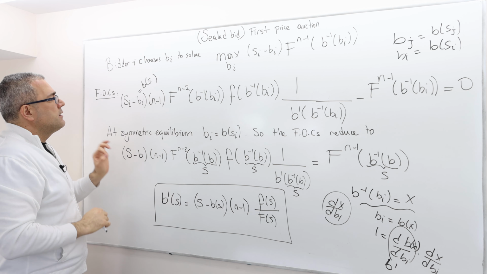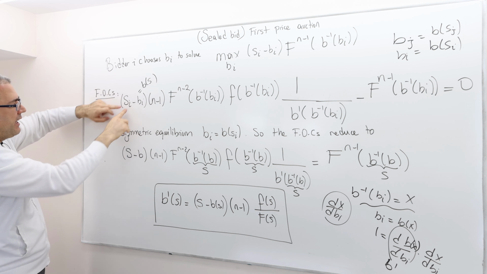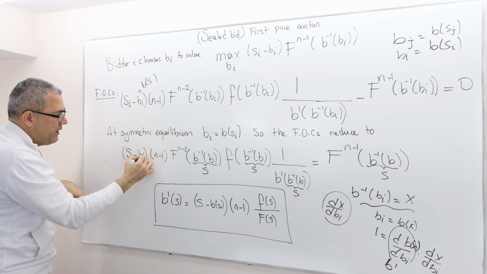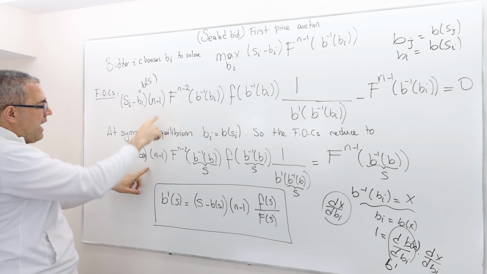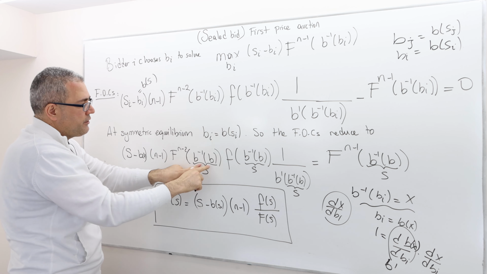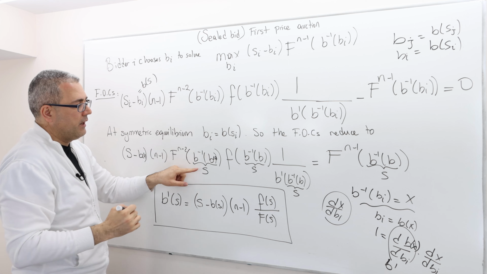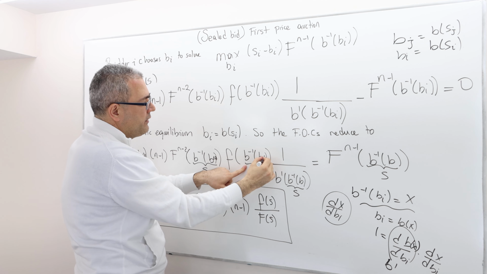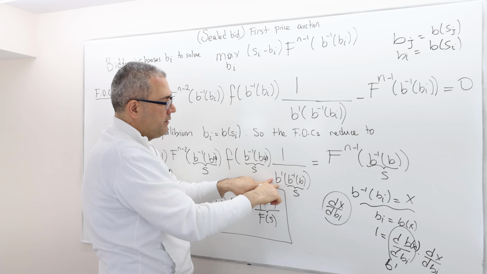All right, so what happens then: s_i is s, b_i is b of s. So this is b of s, don't forget that. Then n minus 1, F to the power n minus 2 of b inverse of b of s, f of b inverse of b of s, and then 1 divided by b prime of b inverse of b of s.